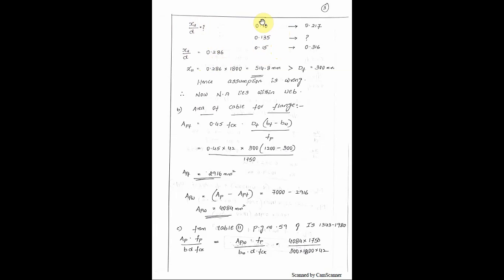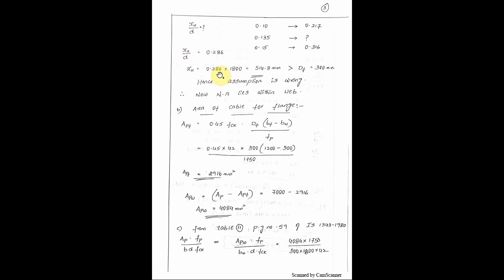For 0.10 it is 0.217, and for 0.15 it is 0.316. By interpolation we get the intermediate value XU upon D as 0.286.